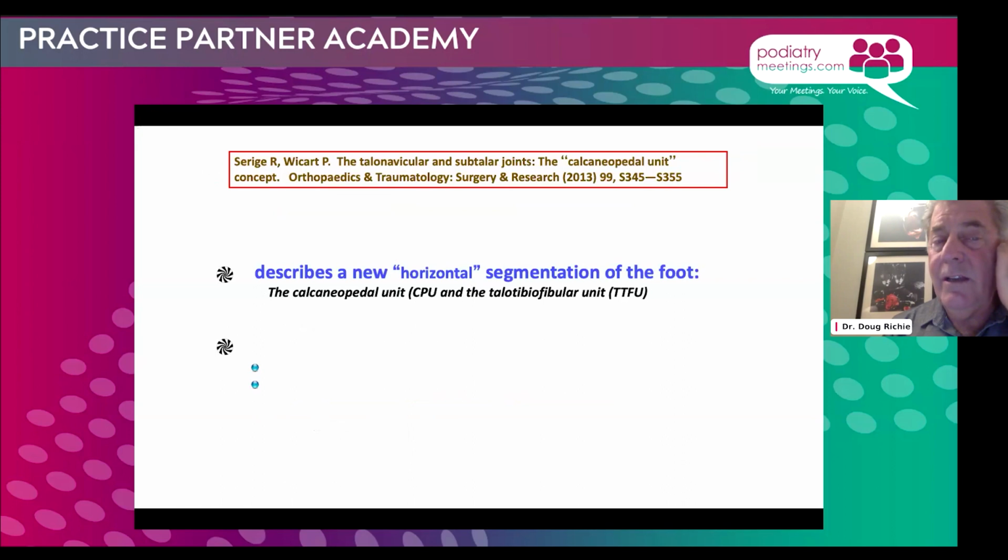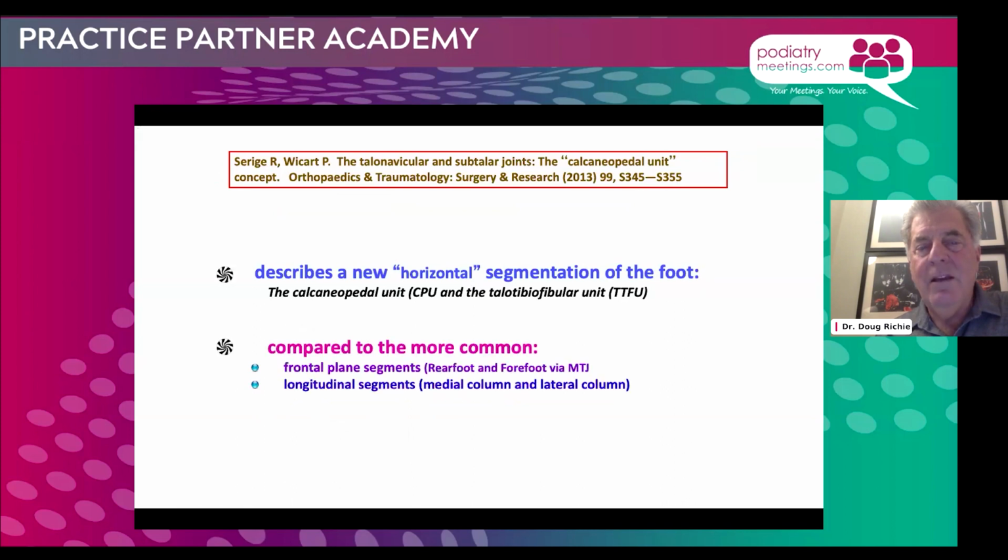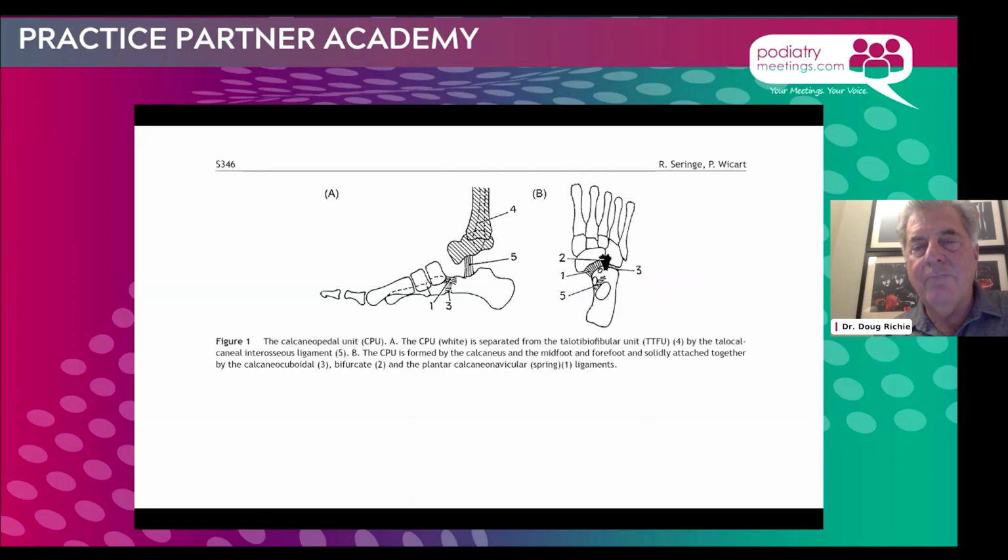One thing that Seringe did that others didn't do is they described the segmentation of the foot in a new way. They called it a horizontal segmentation, separating the calcaneal pedal unit from what they called the talotibiofibular unit. This is compared to the more common way we see people segment the foot, either in rear foot or forefoot, or medial column versus lateral column.